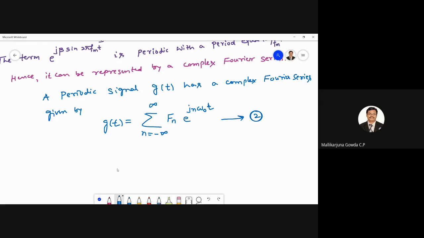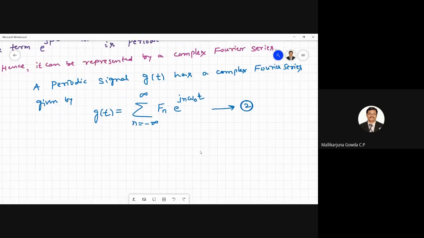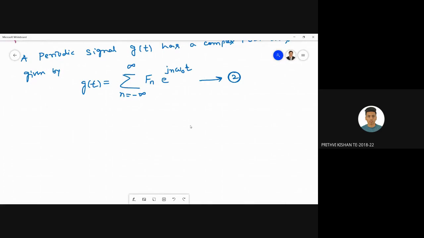Right? So what is this Fn called? It is a Fourier coefficient, right?